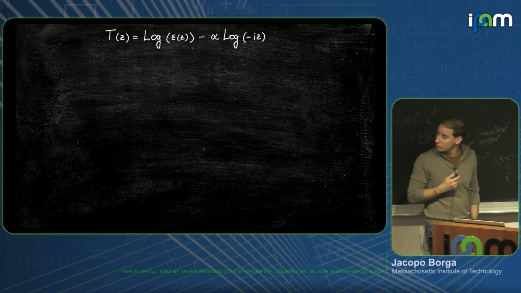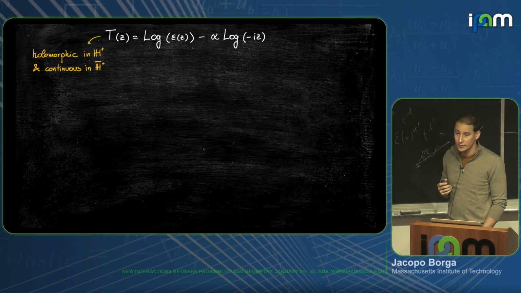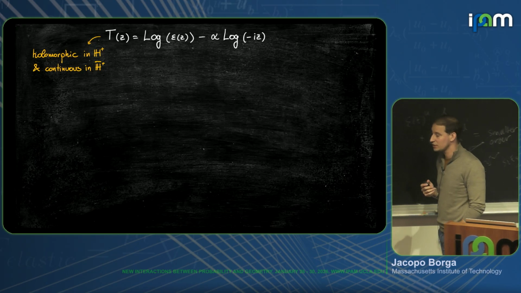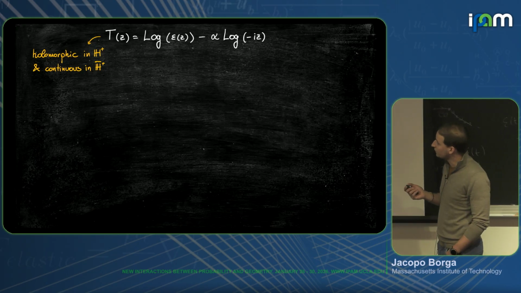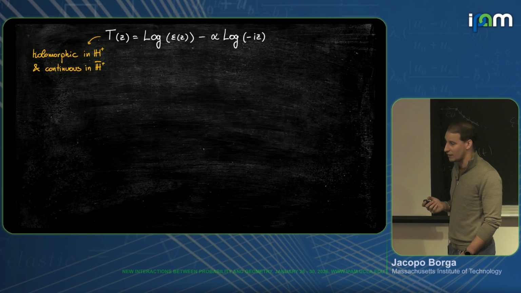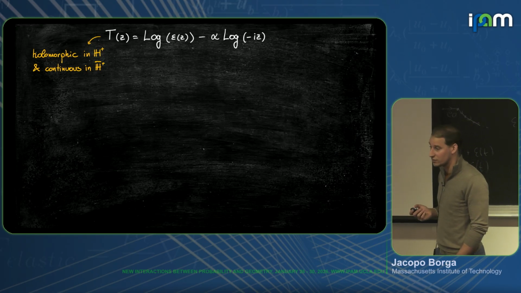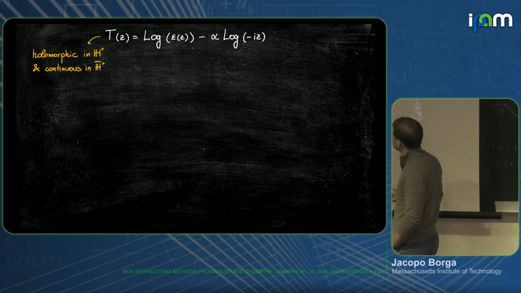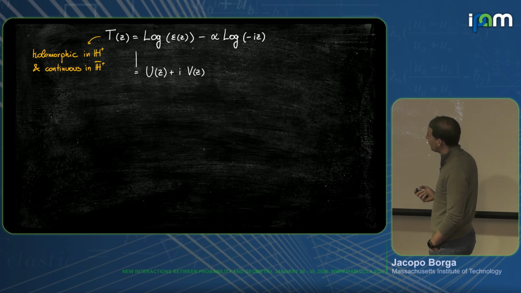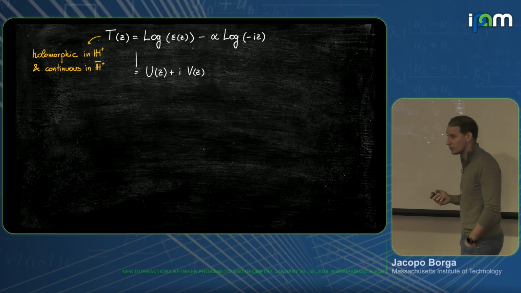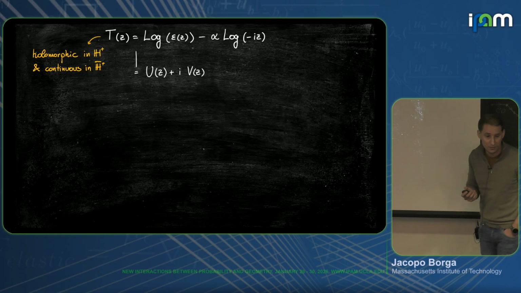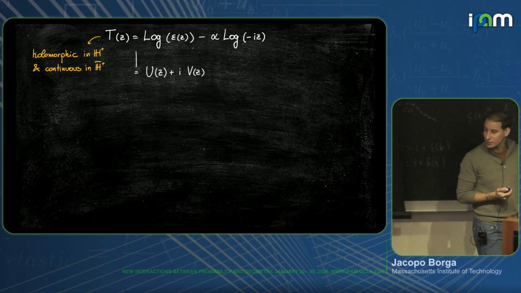And again, with some properties of epsilon z, you can prove that this function is actually holomorphic in the upper half plane and descends continuously to the boundary. Let's write it like real part plus i imaginary part, where u is the real part and v is the imaginary part.